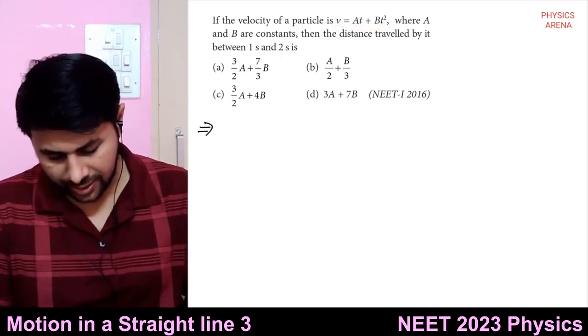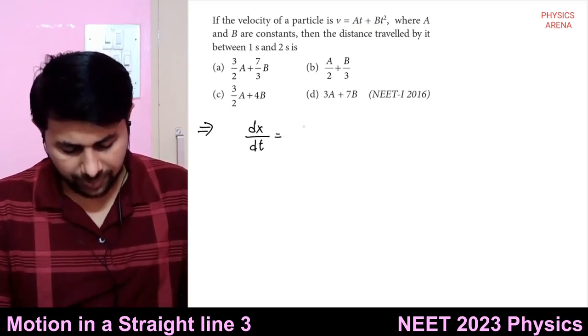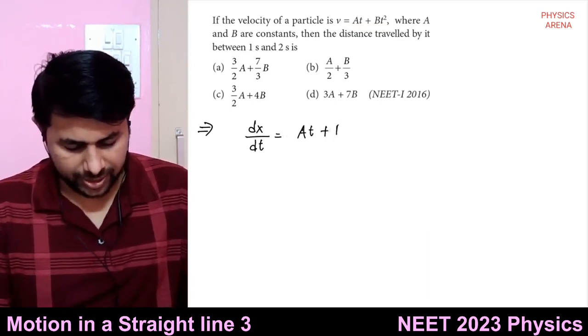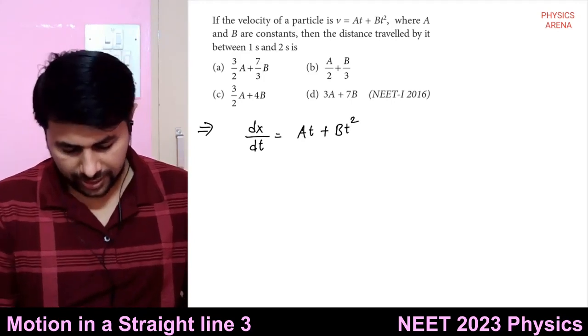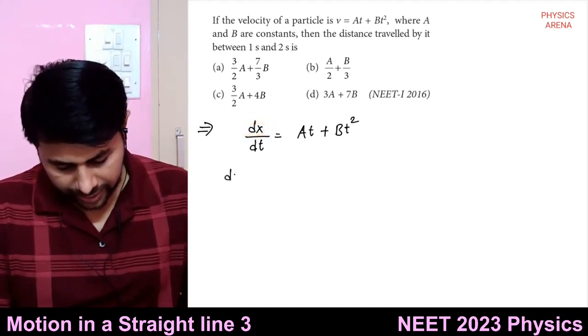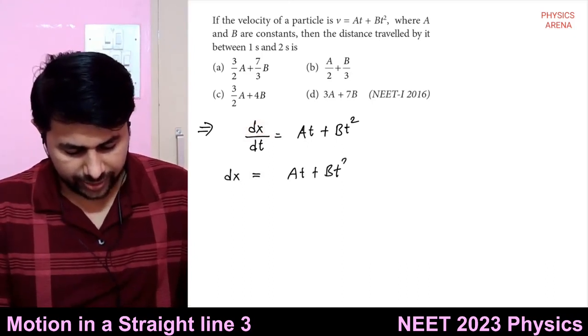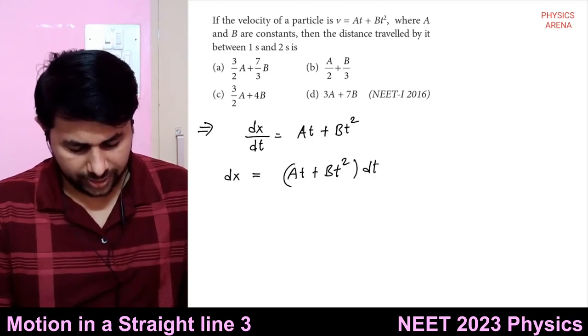So velocity is at plus bt square. You can write this as the derivative of position with respect to time is at plus bt square, and then you can write it in differential form. So I will write dx is equal to at plus bt square dt.